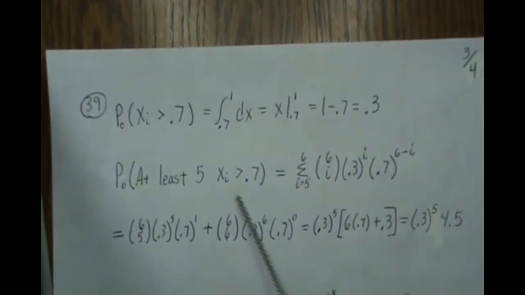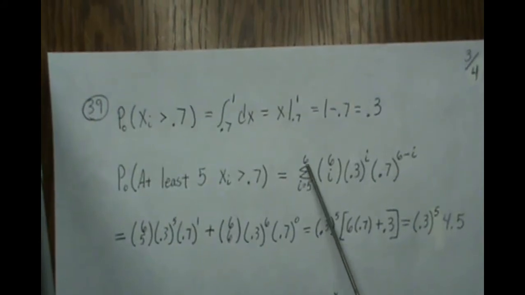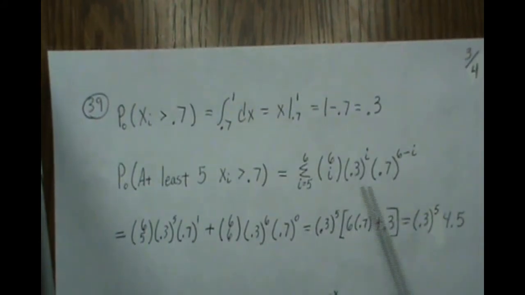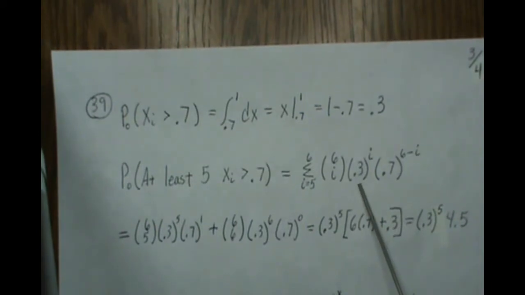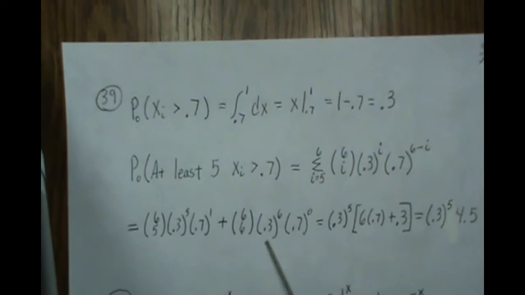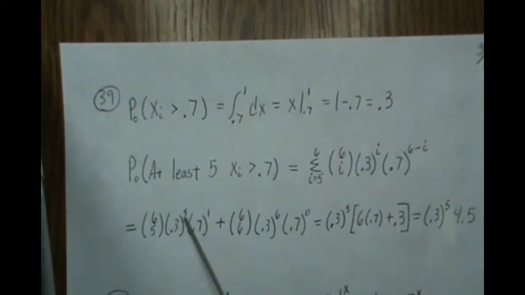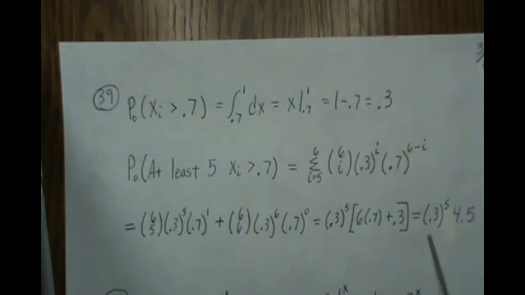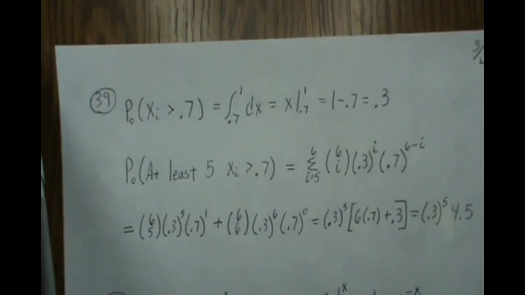So this probability becomes the sum from i equals 5 to 6 of a binomial probability. Writing this out, we get this and this. Factoring out a 0.3 to the 5th, because that's part of the answer, you get this.